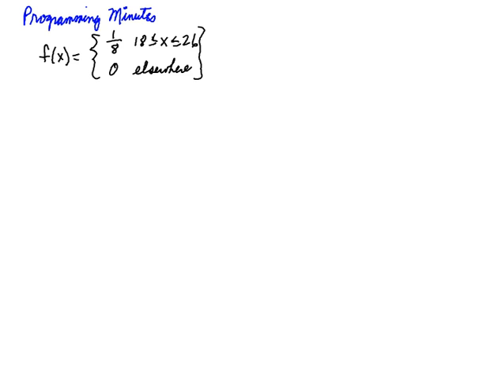And this will graph into a horizontal line starting at 18, 19, 20, 21, 22, 23, 24, 25, 26 on the upper end.